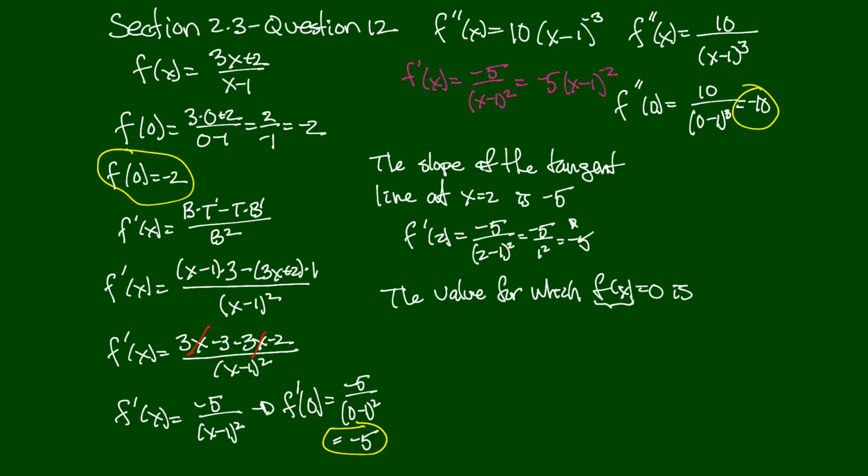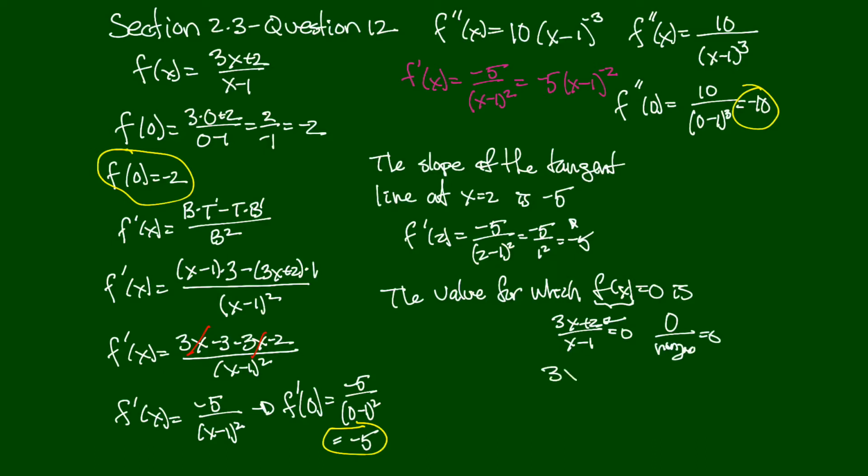And now we're asked for the value for which f of x itself, not a derivative, but just f itself, is 0. So here's f: 3x plus 2 over x minus 1 equals 0. We need to solve this. Now this is a fraction. The only way a fraction can be 0 is if the top is 0. The bottom can't be 0. If the top is 0, then 0 divided by non-0 is 0.